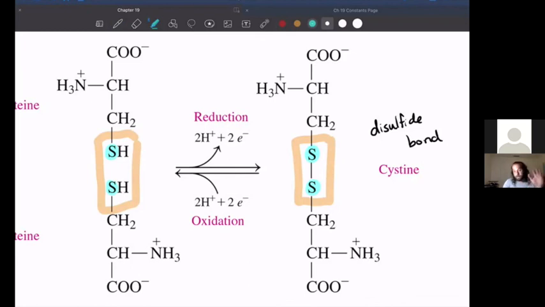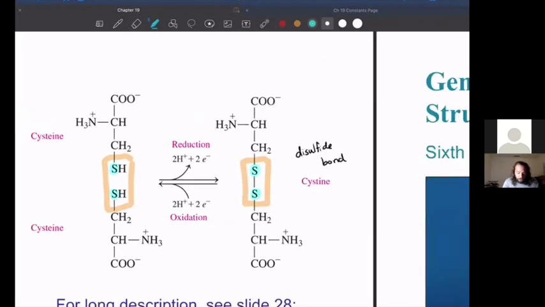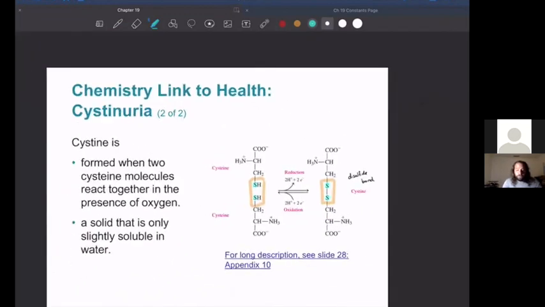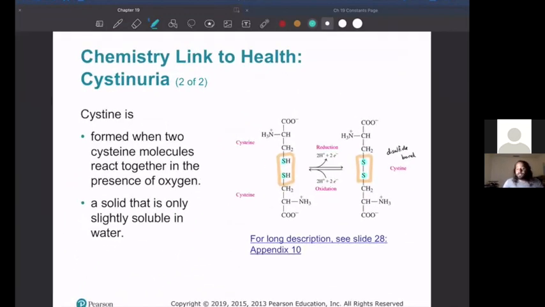Yeah, so this is pretty terrible if it happens in the wrong place, like in your bladder or in your kidneys. Although this disulfide bond is also something that holds together proteins in a legitimate way. We're going to see it's a pretty essential part of some protein structures. So this is a disulfide bond that can take place between 2 cysteine amino acids.